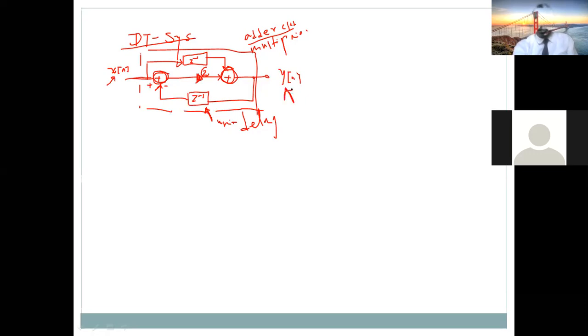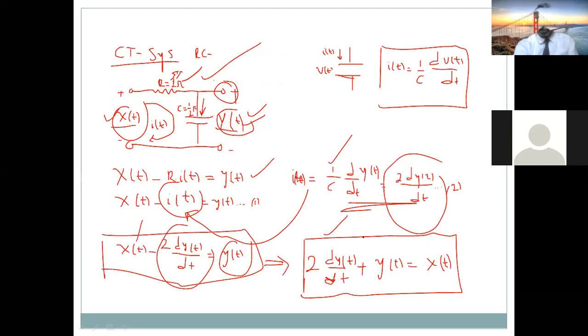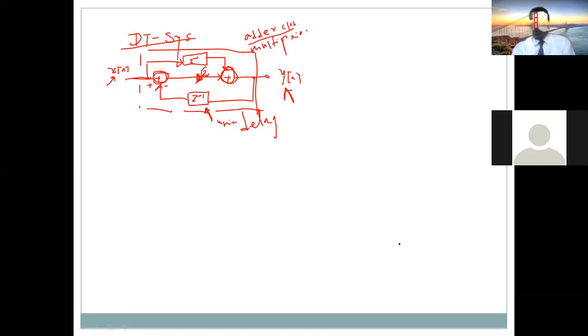In the case of analog circuits like this, we write an equation which relates the input x with the output y. What type of equation? We call it a differential equation for continuous time systems. For discrete time systems, the equation we are going to develop is called a difference equation. So let's see this difference equation.